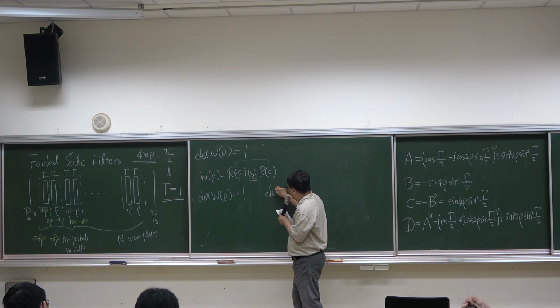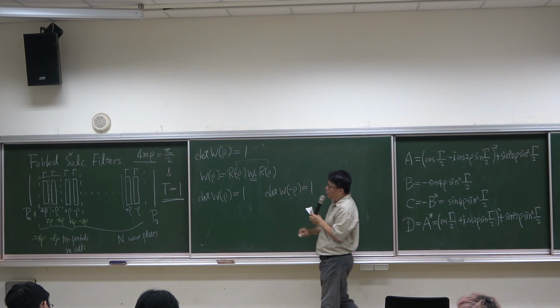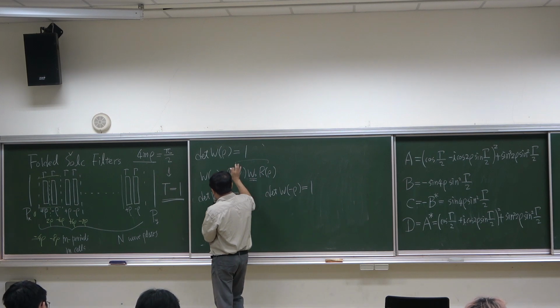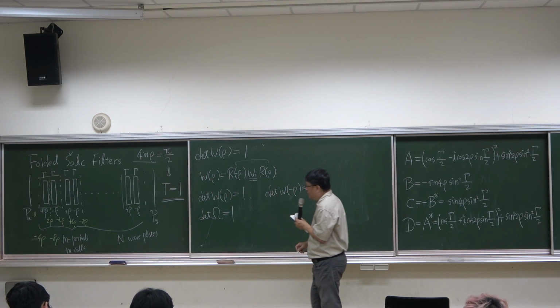Similarly, determinant of W minus rho is also equal to 1. So finally we get determinant of omega equal to 1. Okay.